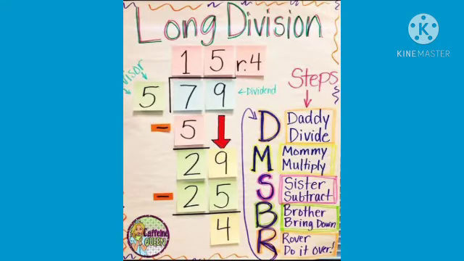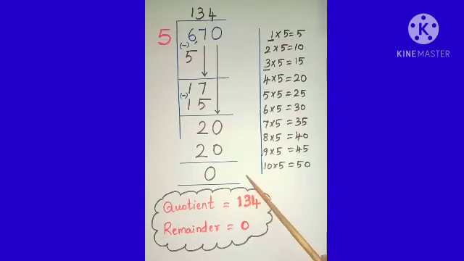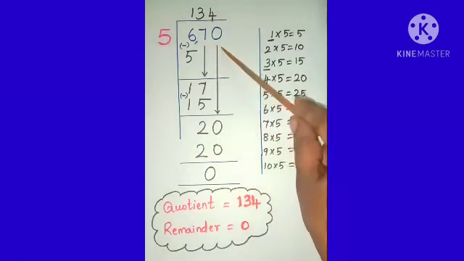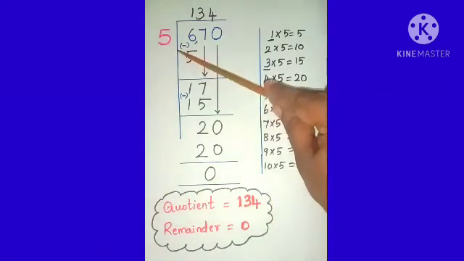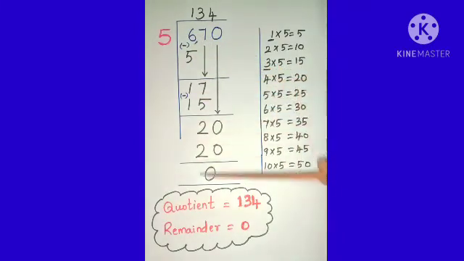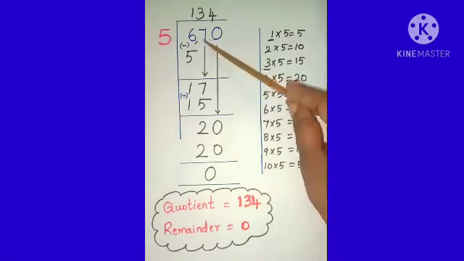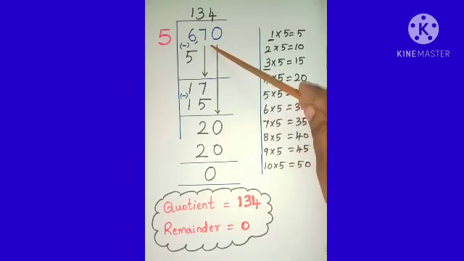Children, let us know about the long division method. Now we'll do division of a 3-digit number by a 1-digit number, division without remainder. Before going to do the division, let's know the vocabulary of the division.